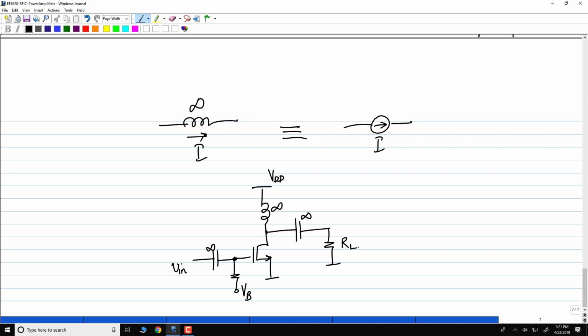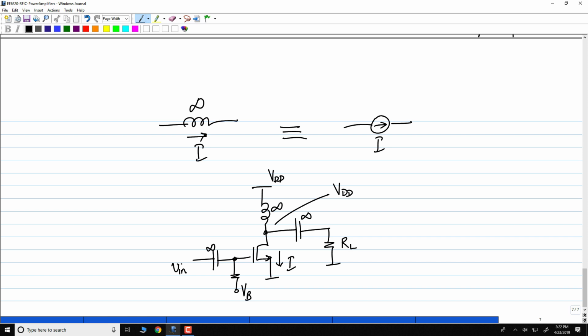The current corresponding to VGS of the transistor, which is VB. So this will be biased at some current. That current will of course flow only through the inductor. Okay, excellent. What is the output bias voltage? It is VDD. Excellent. So one difference from the previous circuit is that the output bias voltage is at VDD.